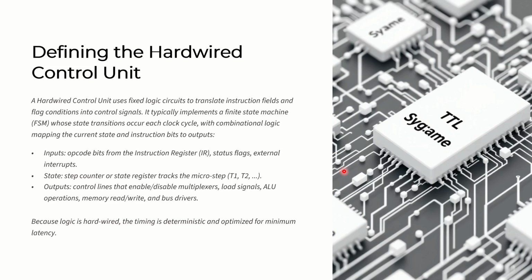It is a block, or you can say a part, which stores all the instructions which will be executed in future. It stores everything, like we store numbers in an array. It is just an example. Next is state: the step counter and state register track the micro steps.